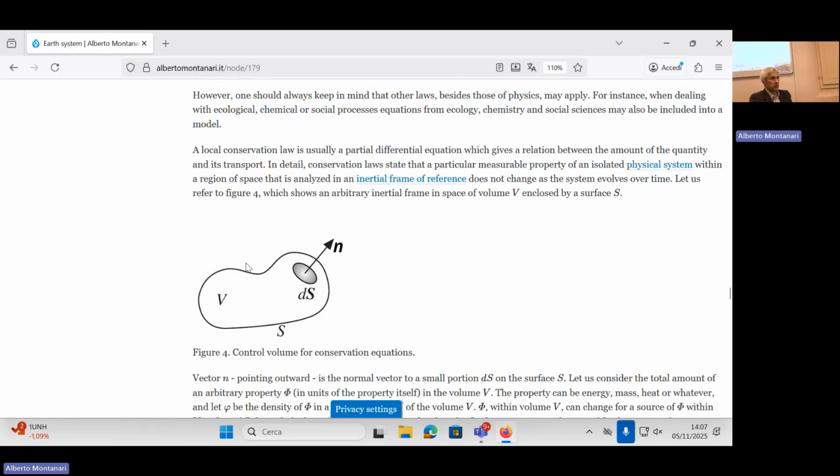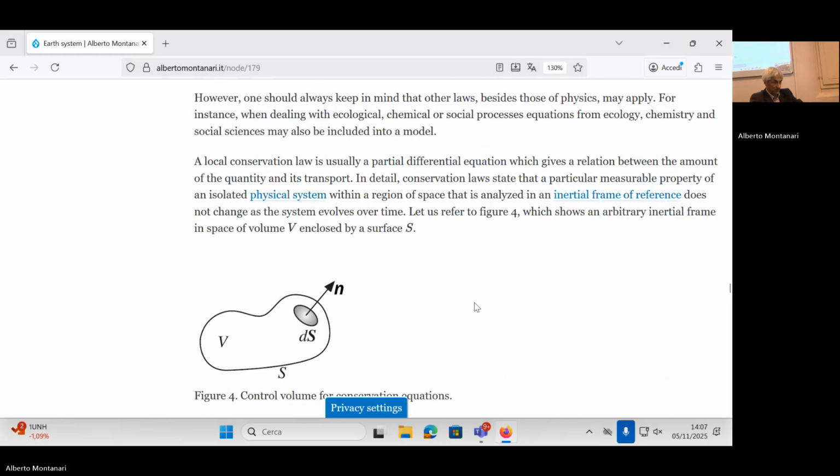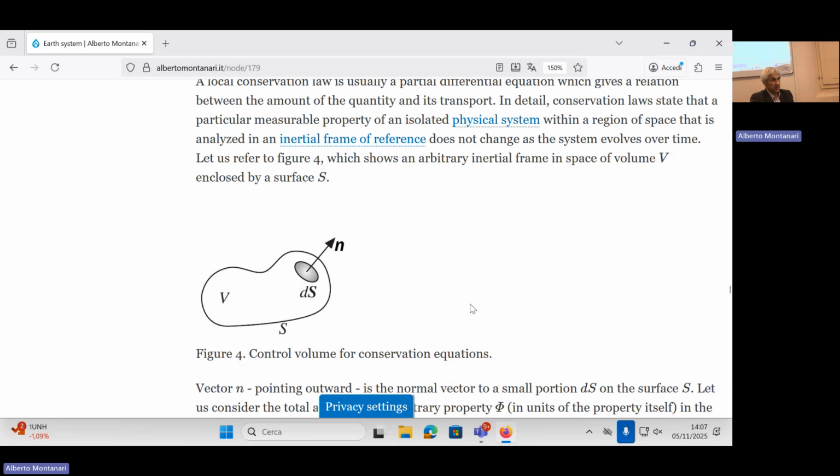So this is our control volume, okay? It's a generic volume V, and the surface delimiting the volume is called S. And here you have an infinitesimal surface dS.